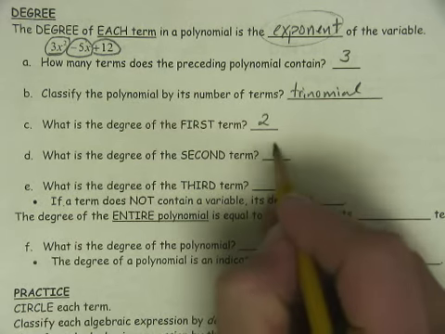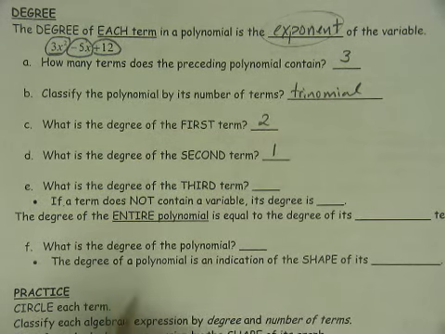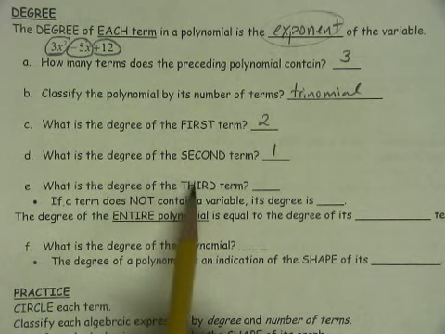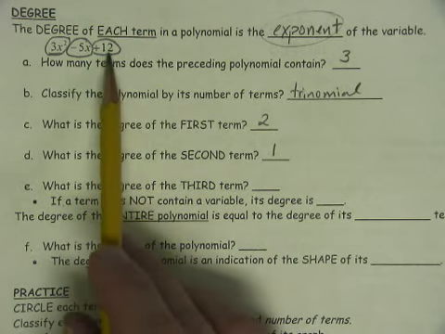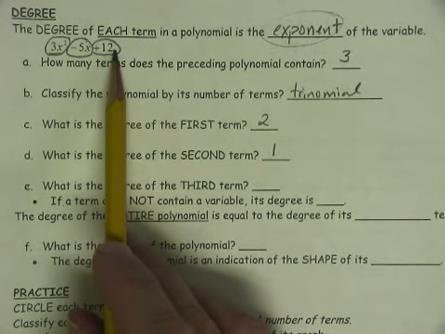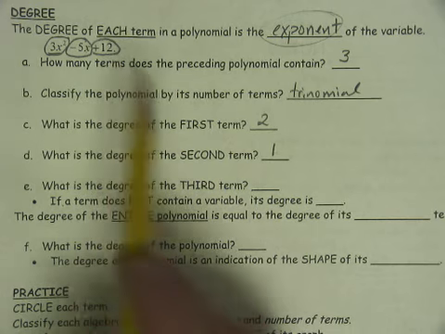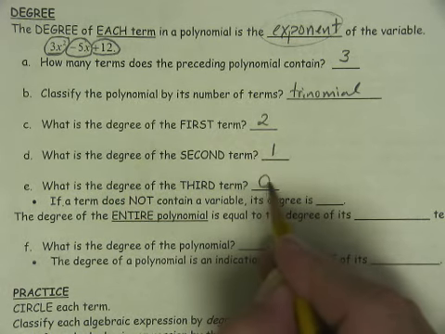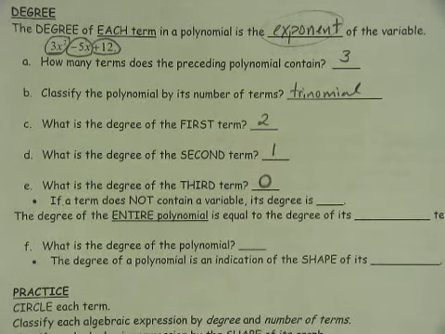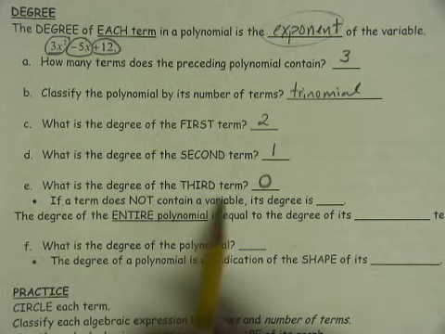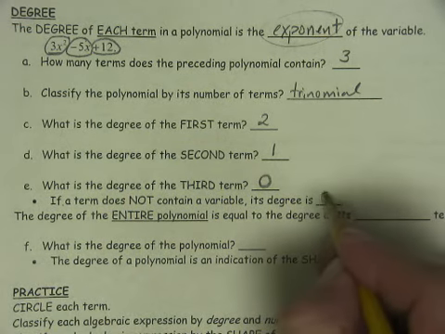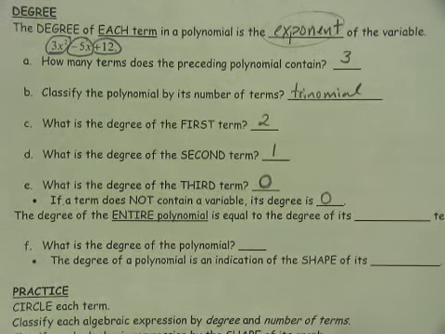So the degree of the second term is 1. What's the degree of the third term? Here's the third term, it's 12. Since there's no variable, we say that its degree is 0. So if a term does not contain a variable, its degree is 0.